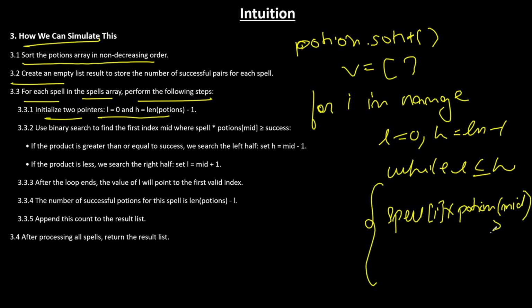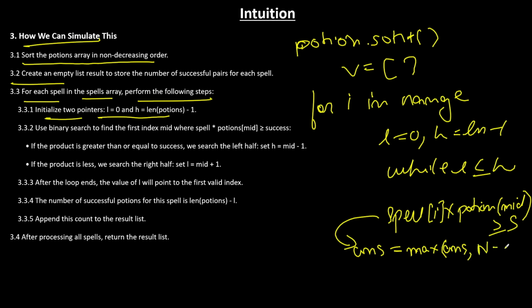If this is greater than or equal to success, we will store the max of answer and the size minus mid value. It will basically be answer equals to max of answer, comma, size of the portion minus the mid.